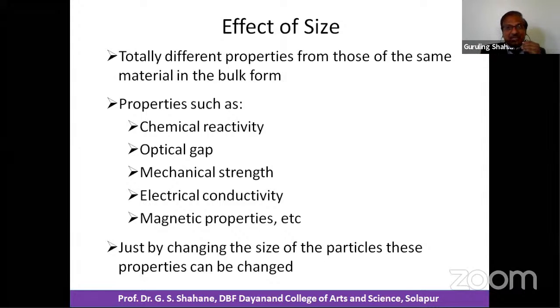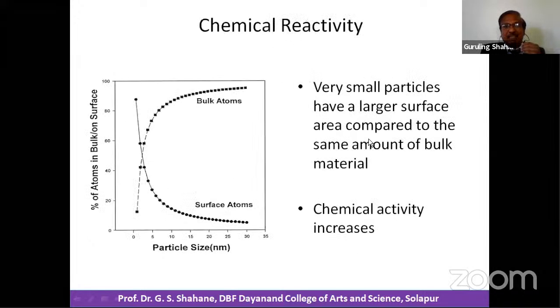Previously, if we had to change the optical gap, what did we have to do? We had to add some impurities. We had to dope. We had to make a composite of different materials. But here, just by changing the size of the material, we can change its optical properties. We can change its electrical conductivity. We can change its magnetic behavior. So size has a prominent role.